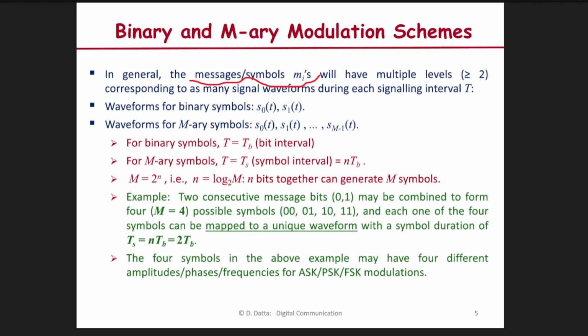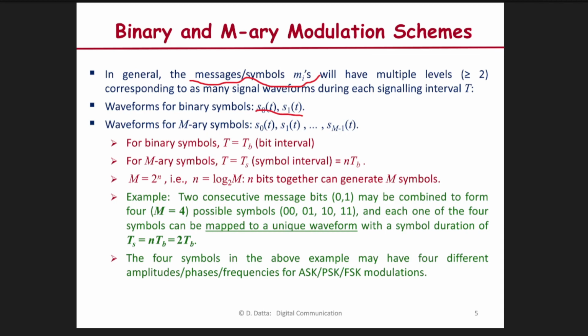It may be like cos omega t and cos(omega t plus pi), that is minus cos omega t. So these are the two binary symbols you might get, right? But if you are going for M-ary symbols, then there will be s0, s1 up to s(M minus 1). And for binary symbols, the bit interval is Tb.